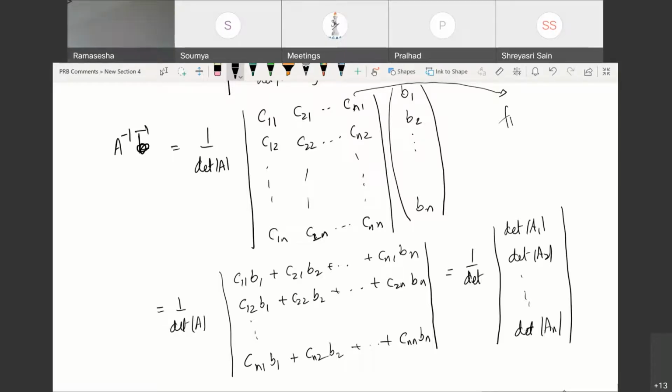Yeah, you are right. I put the wrong symbol. Okay, because A inverse is a matrix, and the A inverse matrix is one upon the determinant times the transpose of the coefficient matrix. Okay, this is the transpose of the coefficient matrix. Okay. Yes. So here also I should have been more careful with using the symbols.